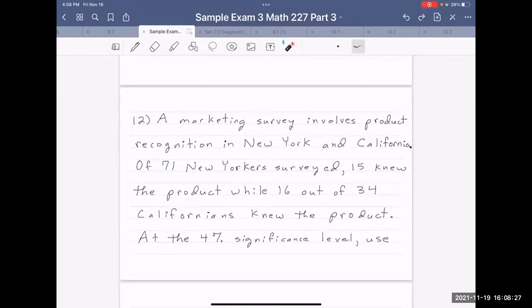Problem number 12. A marketing survey involves product recognition in New York and California. Of 71 New Yorkers surveyed, 15 knew the product, while 16 out of 34 Californians knew the product.